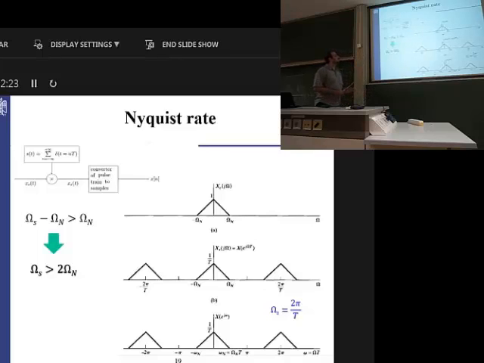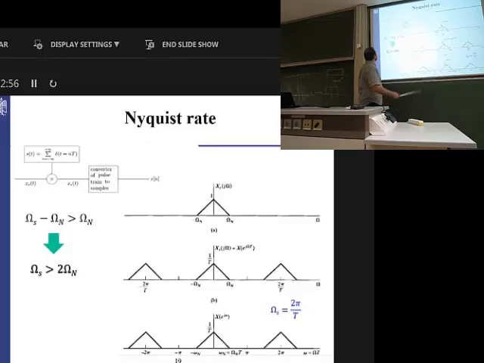If we want to be able to reconstruct the signal completely, the necessary condition is that these consecutive spectrums, the main signal in the baseband and the repetitions from the adjacent bands, do not overlap each other.